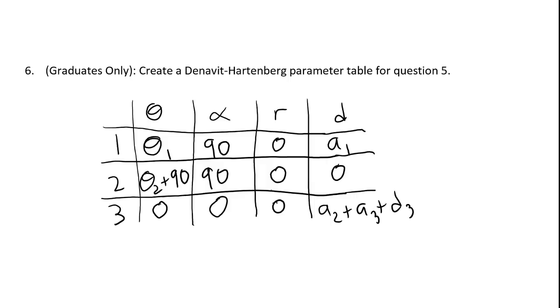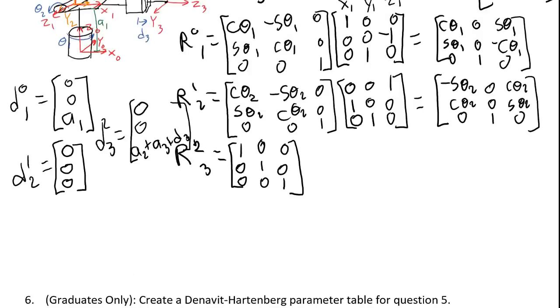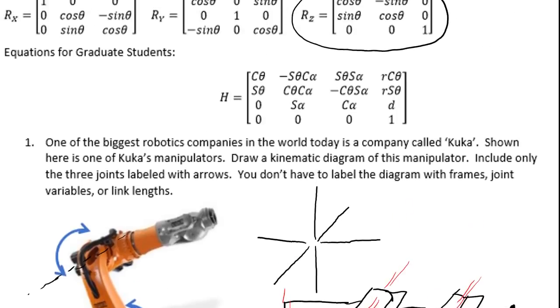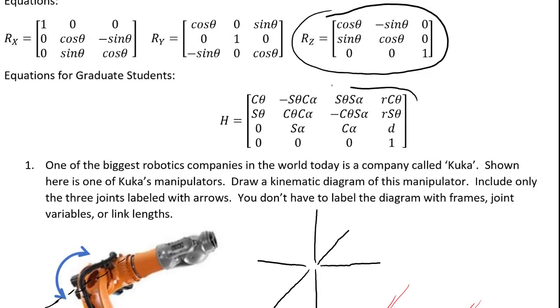I didn't ask you to do the next step, which is find the homogeneous transformation matrix. If you wanted to find the homogeneous transformation matrix from the Denavit-Hartenberg table, you would use this matrix right here and plug in the 4 values theta, alpha, r, and d for each row one at a time.